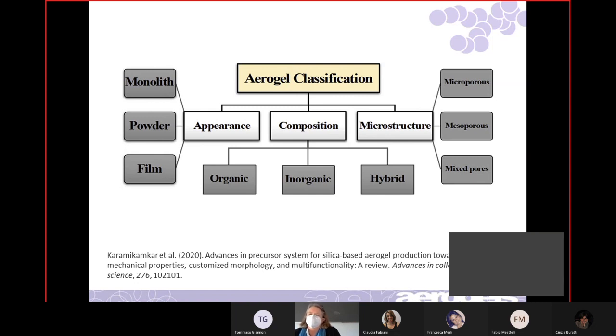This is a nice way of classifying aerogels that I found in the reference down here. You can talk about them in terms of their appearance, and I would call that their form, which could be a film. You can make a thin film of aerogel.